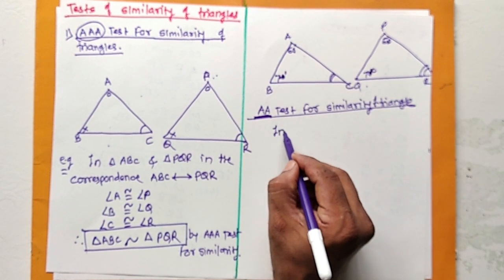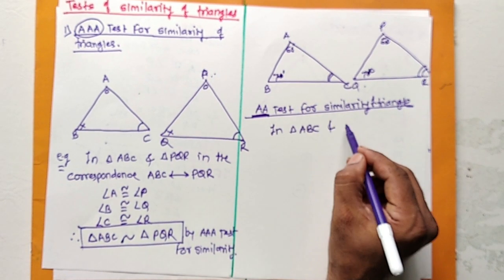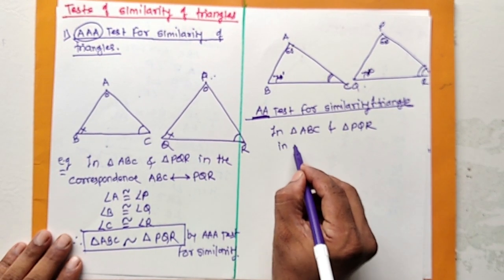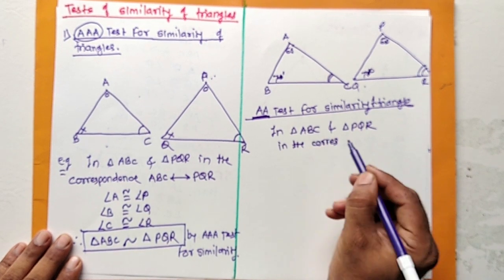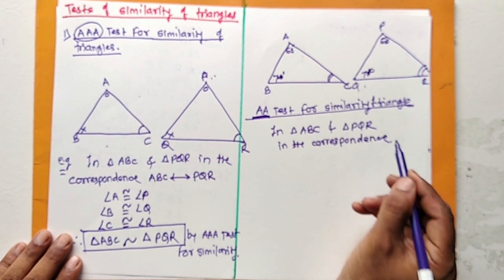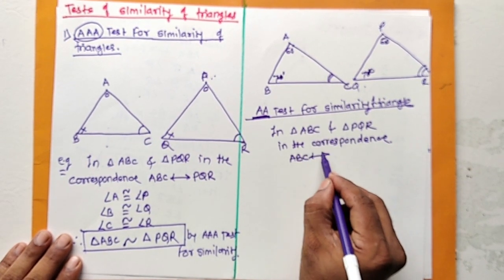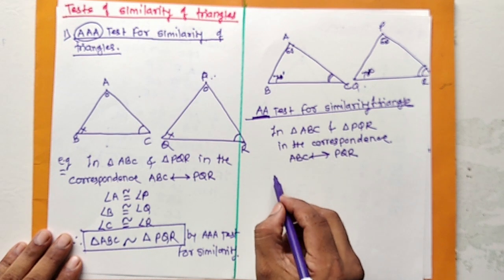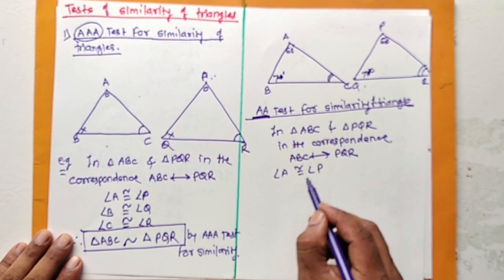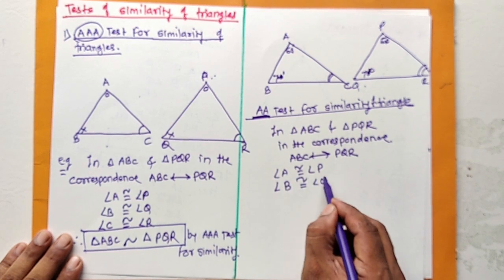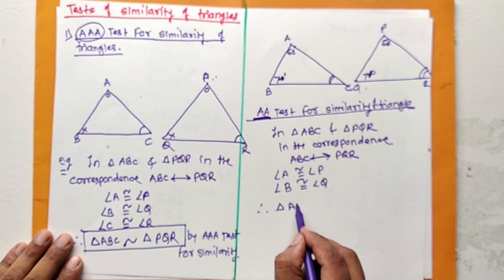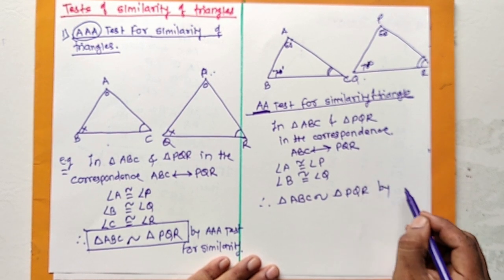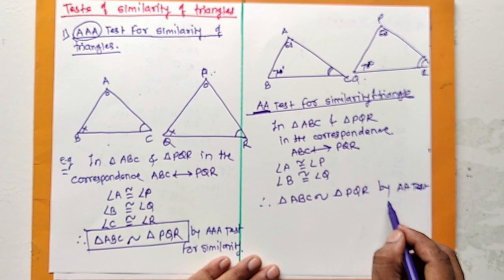Now we can write: in triangle ABC and triangle PQR, in the correspondence ABC to PQR, angle A is congruent to angle P, angle B is congruent to angle Q. Therefore triangle ABC is similar to triangle PQR by the AA test for similarity.